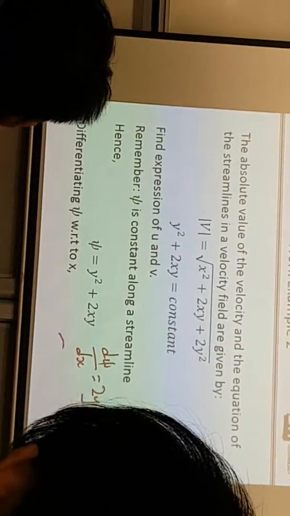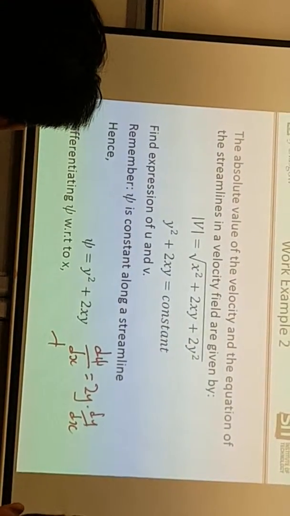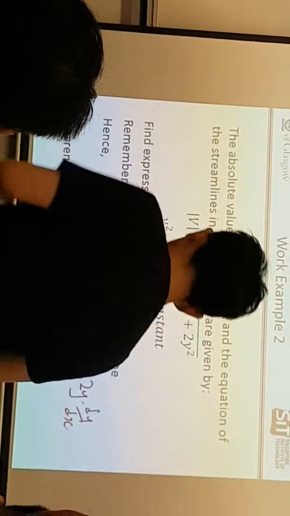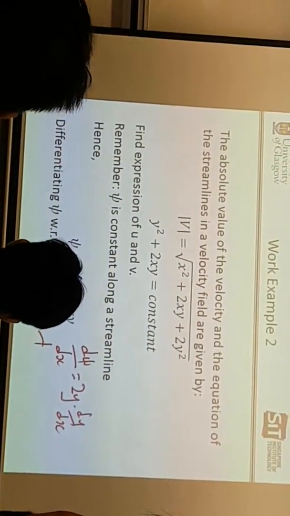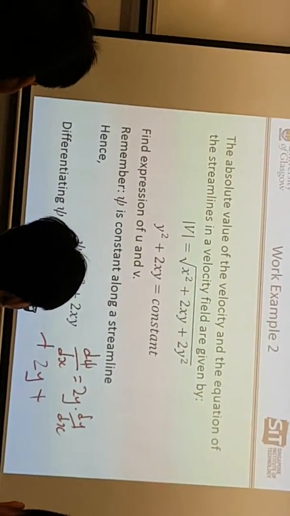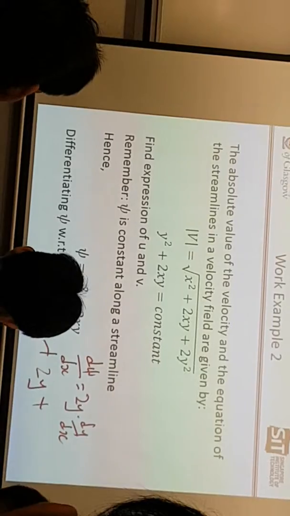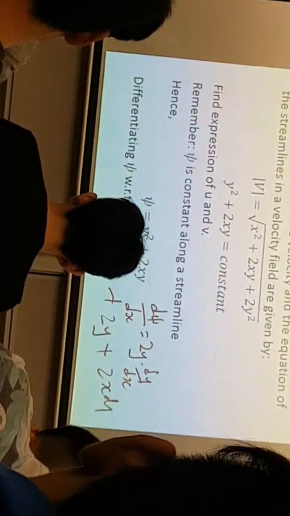Now, for the second term, you have a 2xy here, so it's 2 times x times y. We can differentiate x first, correct? When we differentiate x, we're left with 2y. But we can do a plus. Now we differentiate y, and we have 2x dy/dx, very good.